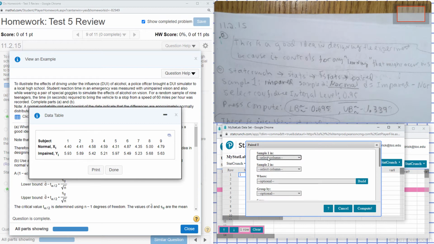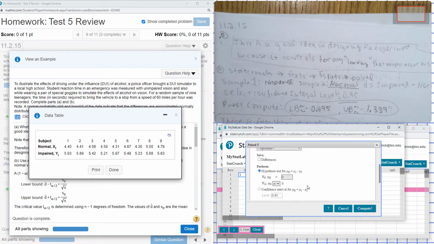Sample 1 is impaired, and sample 2 is normal. So when it does a subtraction, it'll say impaired minus normal.